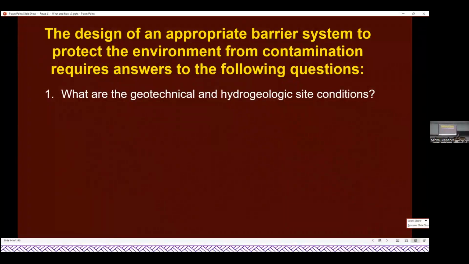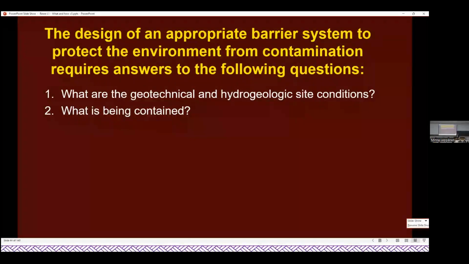So if we want to design an appropriate barrier system to protect the environment, we need to answer a number of questions. Firstly, we need to look at its geologic and hydrogeologic environment and ask what are the geotechnical and hydrogeological site conditions.